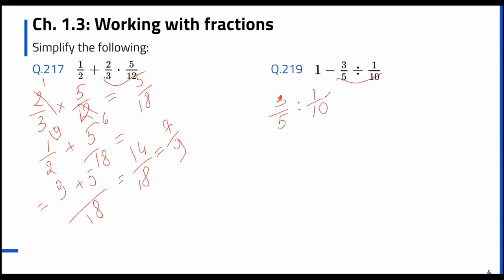But we cannot make it simpler because 3 and 10 cannot be divided, but we have to turn this fraction upside down, and then we'll have multiplication like this. And here we can simplify by dividing by 5. 1, 2. So here's 6. And then 1 minus 6 equals -5.